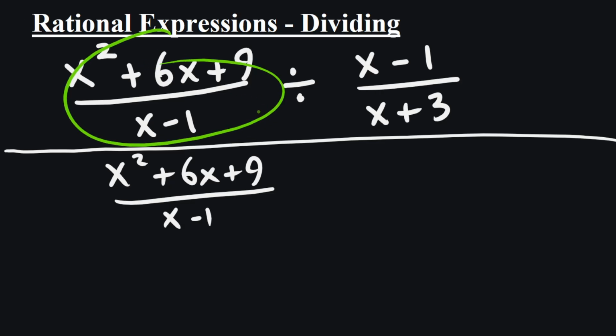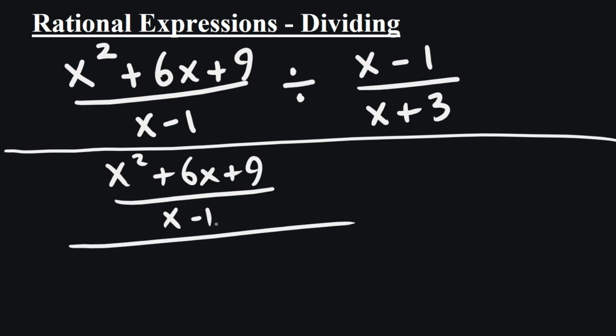Then, since division is really just a fraction, divided by x minus 1 over x plus 3. So this is another way the problem could be presented to you.